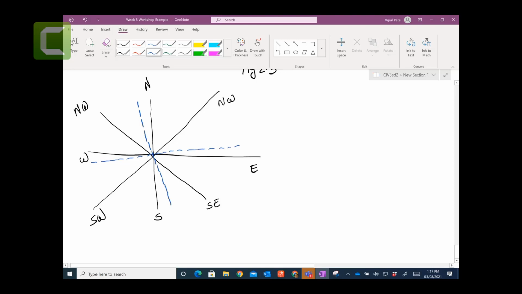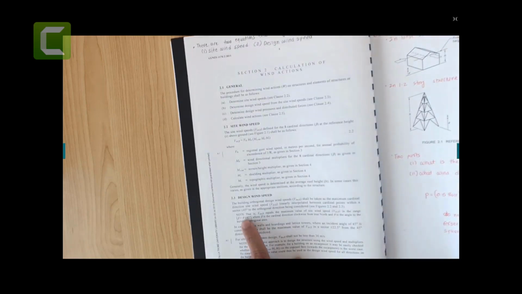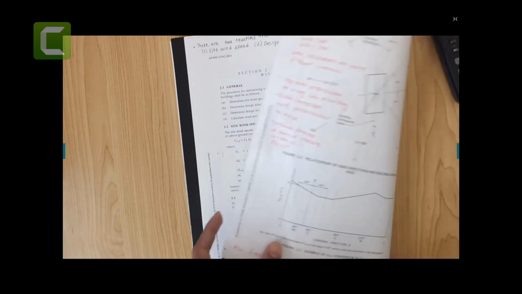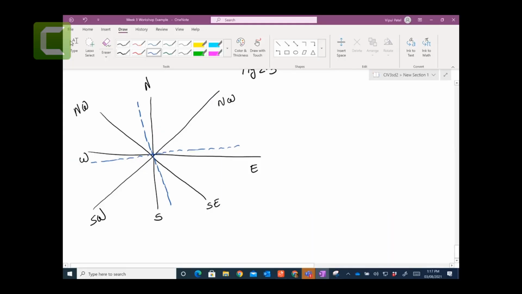I hope you understand that. Now the standard is saying that you need to take plus or minus 45 degree from the theta. Okay, so that's good. So look, this is 15. You remember this one is 15 degree.